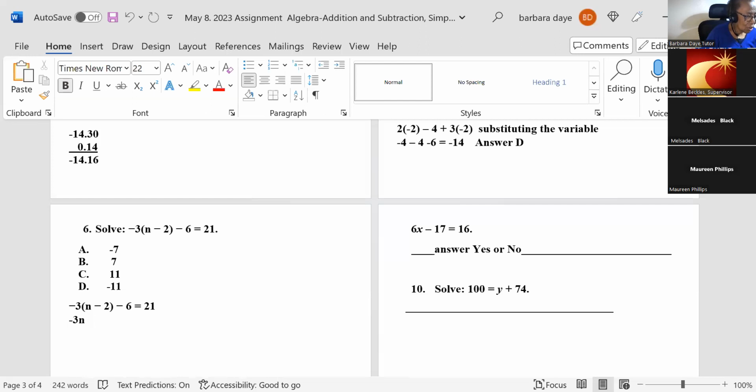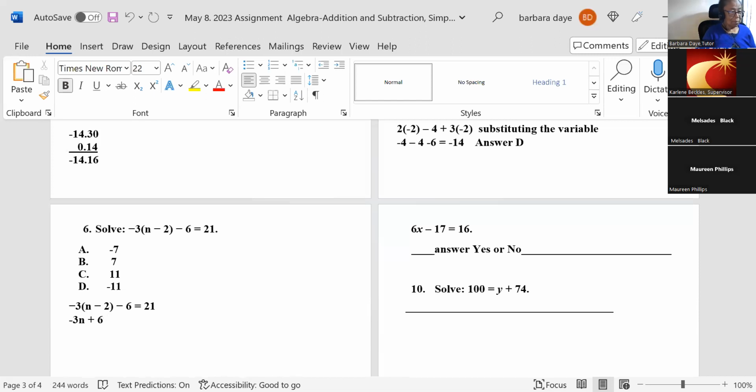This is minus 3 times the parenthesis expression n minus 2. So you multiply minus 3 by n. Now you multiply minus 3 times a minus 2, and that gives you a plus 6.